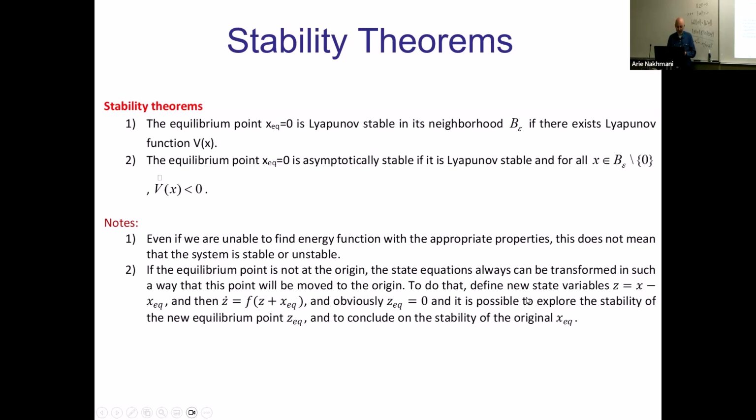But if you take Z dot here, you get X dot minus X equilibrium dot. But X equilibrium dot is what? Zero, it's constant. I mean, the derivative of a constant is zero, right? So Z dot equals X dot. And this is why I can write it here as Z dot, because it equals X dot, right?